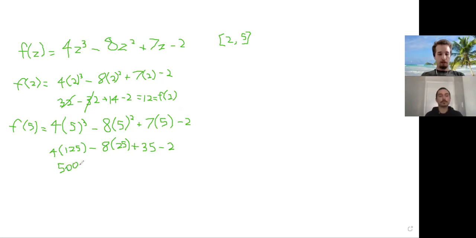And let me know if I do my math wrong too. 8 times 25 is 200. So we get 333. So we figured out our two endpoints on this interval.